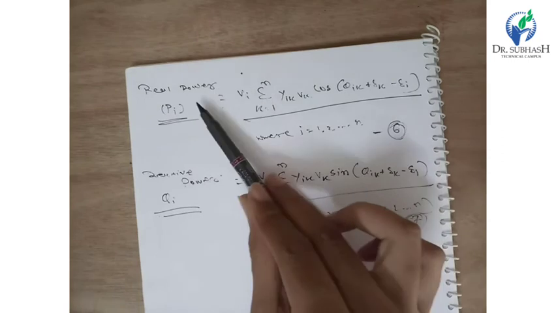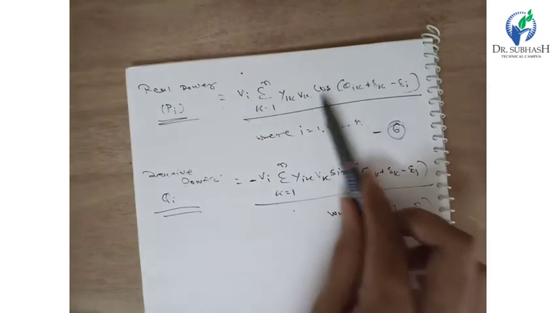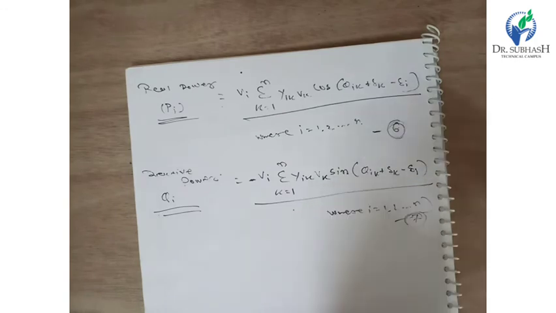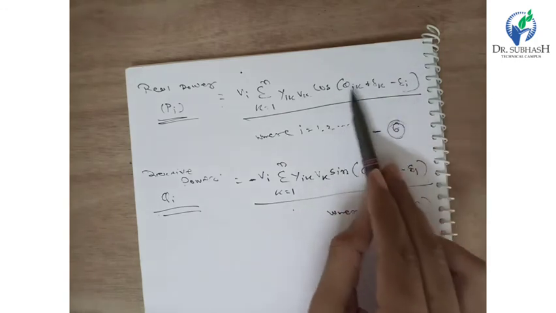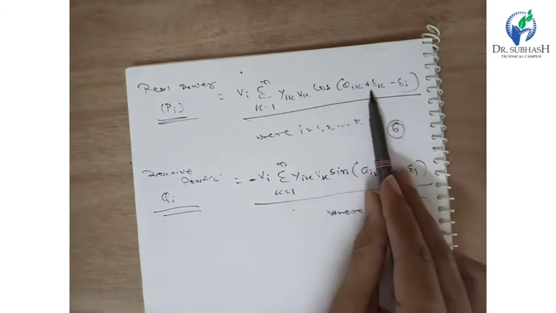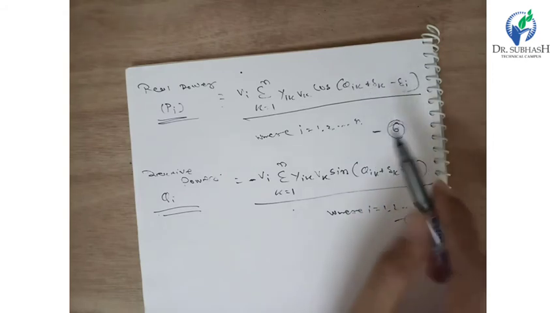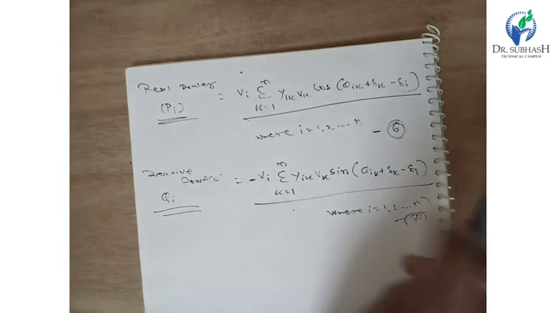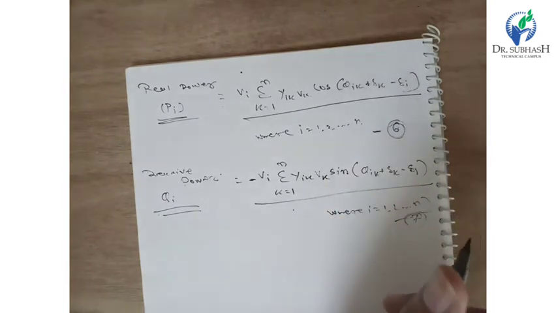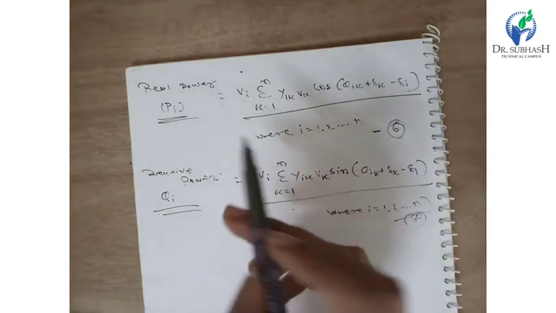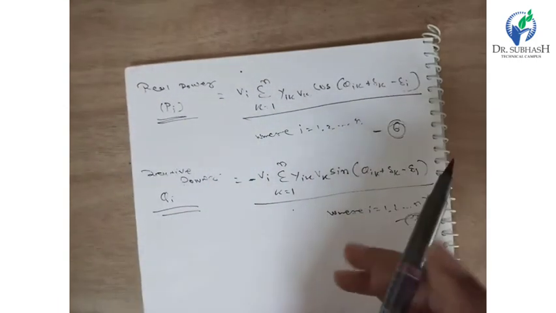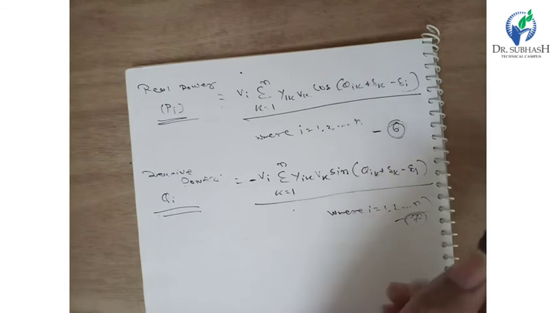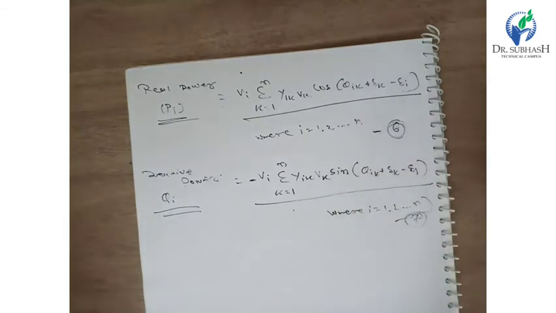For real power the angle term is cosine, and for reactive power it is sine, with theta ik plus delta k minus delta i. So this is the static load flow equation. By using them we solve various problems of load flow analysis.